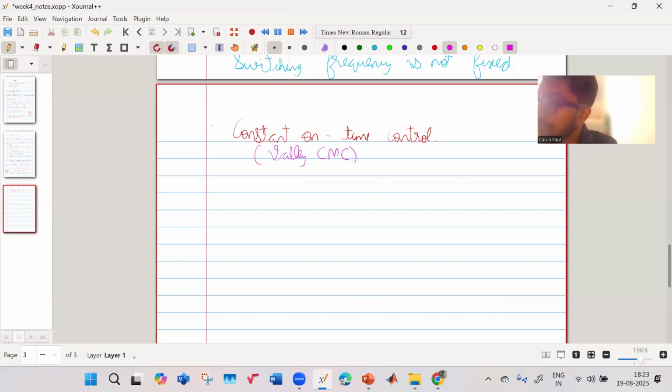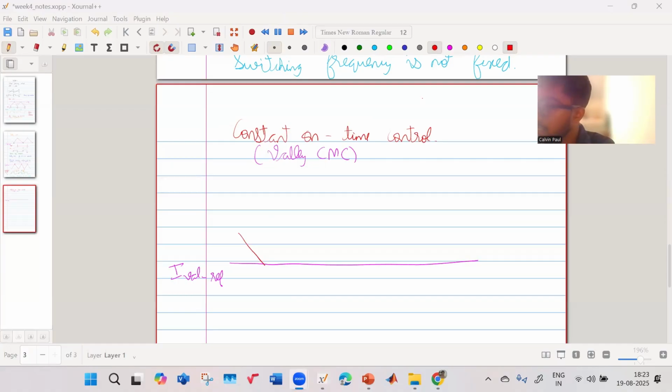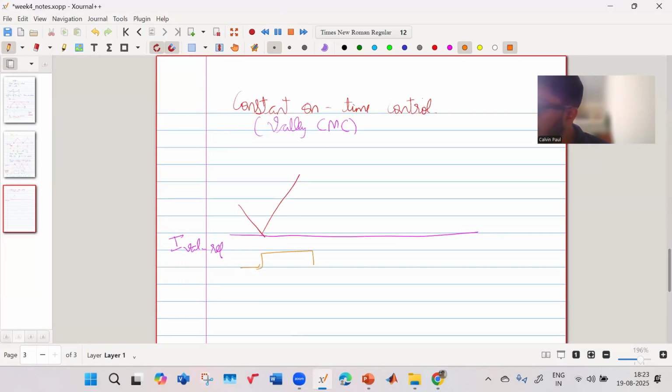Where we again have this valley reference. Your current falls, then it turns on for a fixed time, T on. Till that time your current is rising, then it will turn off and fall until it touches this valley point.